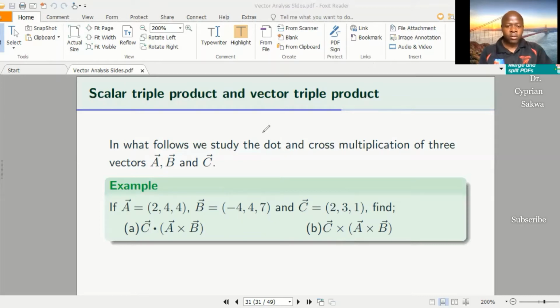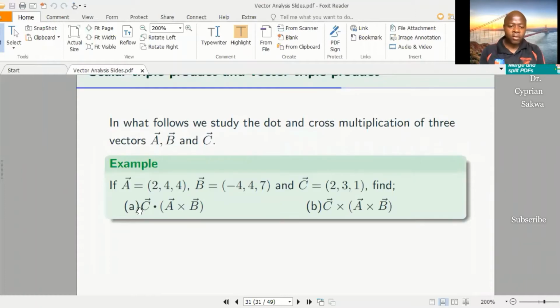So we'll go straight to the answers. There are various ways of doing this, but we'll be looking at the easier ones. If I want C dot, with a bracket, A cross B, one way would be to first get the cross product, A cross B, which we know how to do.